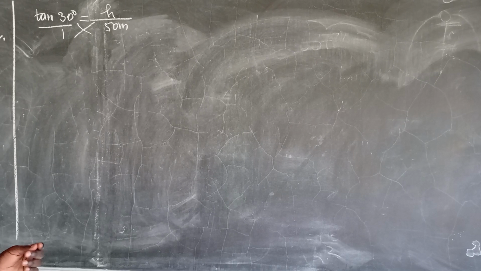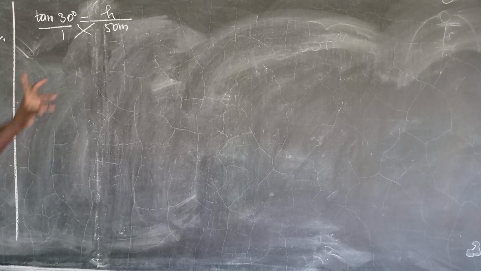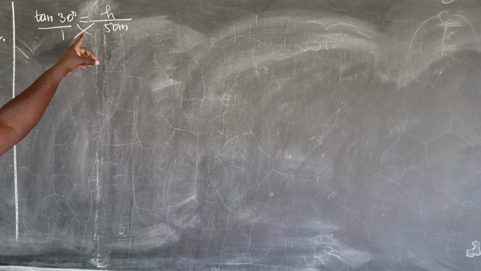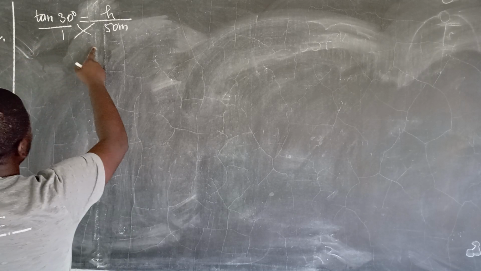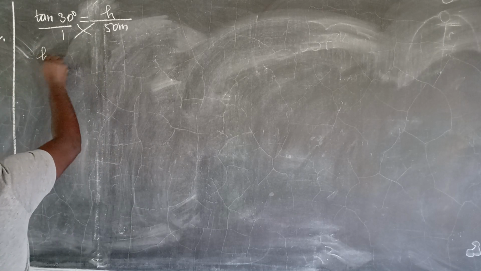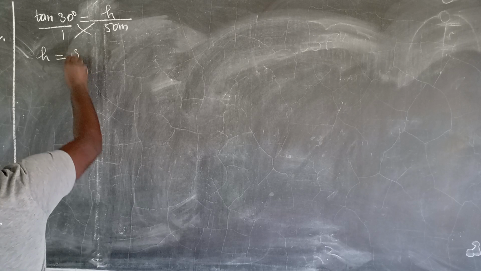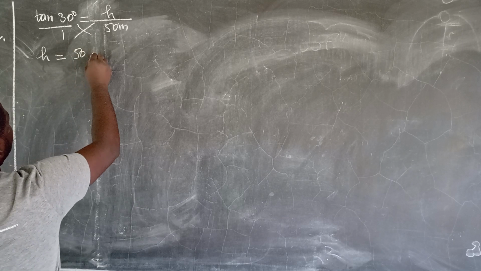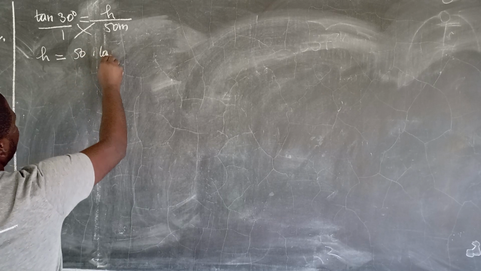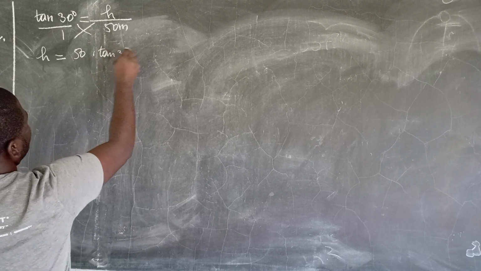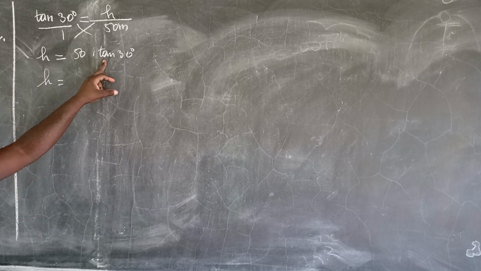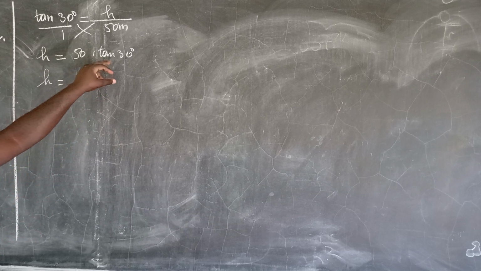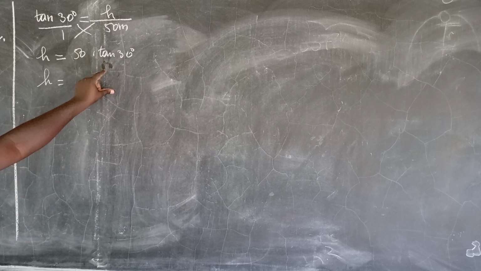So tan of 30 is equal to height over 50 meters. By cross product, height will be equal to 50 meters times tan of 30. So by using calculator, you can find tan of 30.